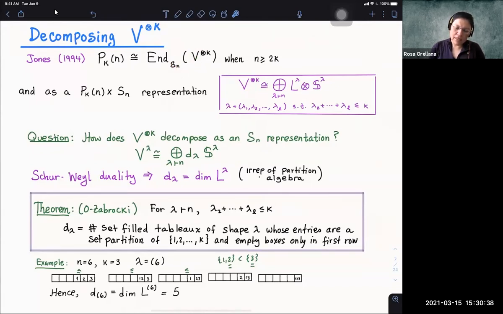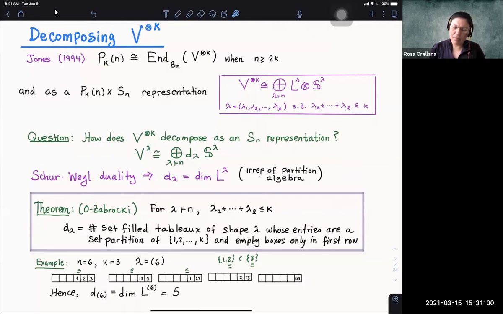So this algebra contains everything that commutes with the linear transformations that you get when S_n acts diagonally on this space. So here you have an action on this space diagonally.